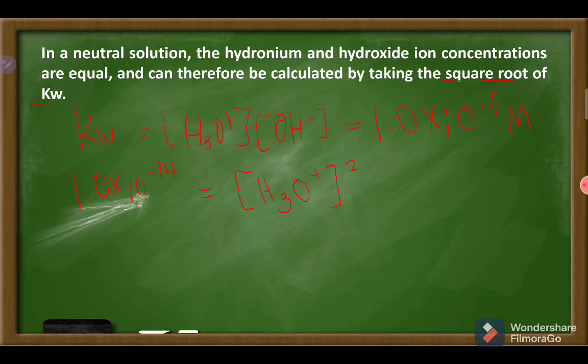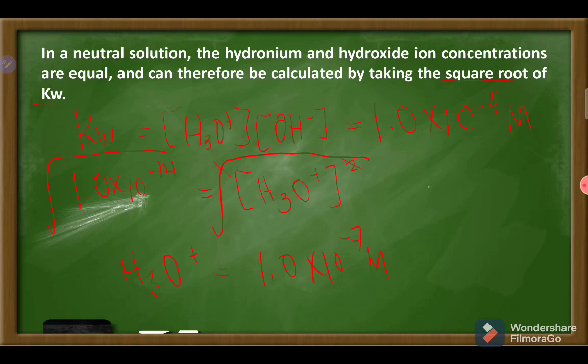Now let us get the square root. The value of the hydronium ion will now become 1.0 times 10 raised to negative 7 molarity.